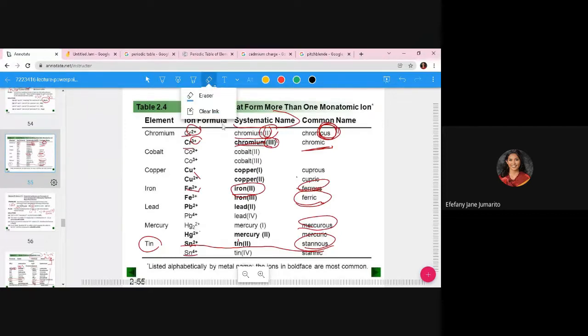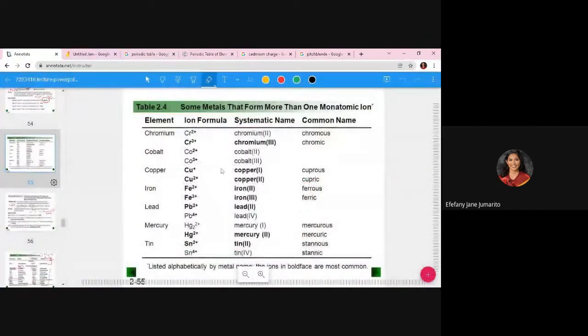Now again, let's go to some metals that form more than one monatomic ion. Most of these metals, chromium, cobalt, copper, lead, are transition metals. So we have chromium 2 plus or chromium 3 plus. For the common name, for the lower charge we add -ous, and for the higher charge -ic.